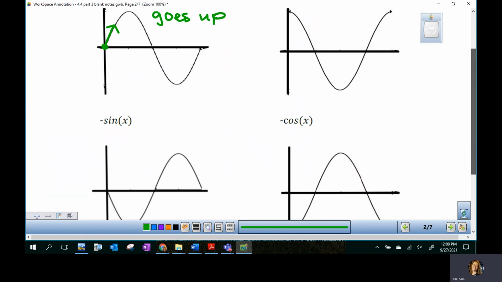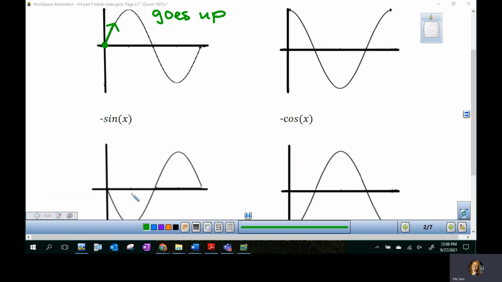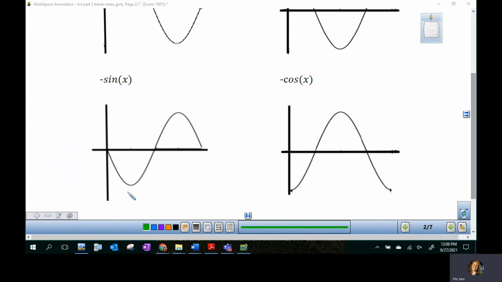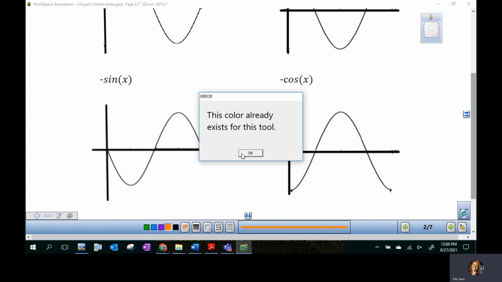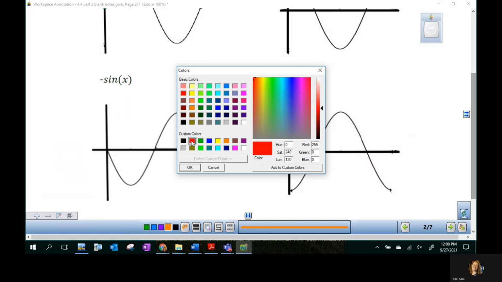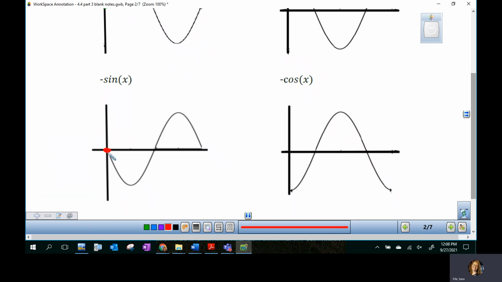Negative sine, you can see it's a reflection across the x-axis. What was the maximum is now the minimum. What was the minimum is now the maximum. It's switched. So negative sine still starts at the midline, the halfway point, and goes down first.